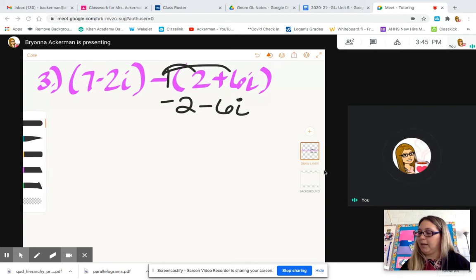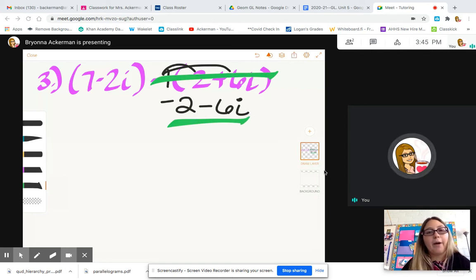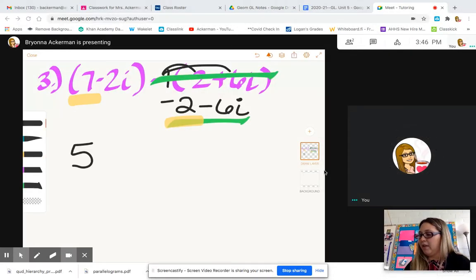So I just replaced all this with this piece down here. Now I can combine the real with the real and the imaginary with the imaginary. I have 7 minus 2, so that gives me 5. And then I have a negative 2i and a negative 6i.